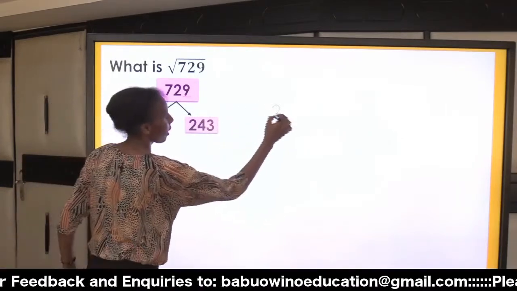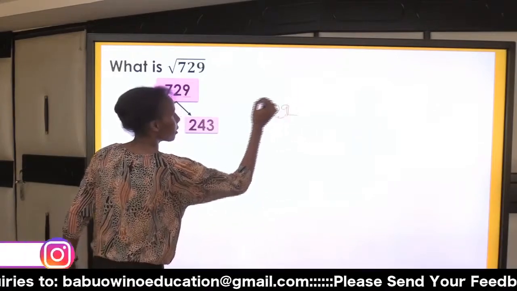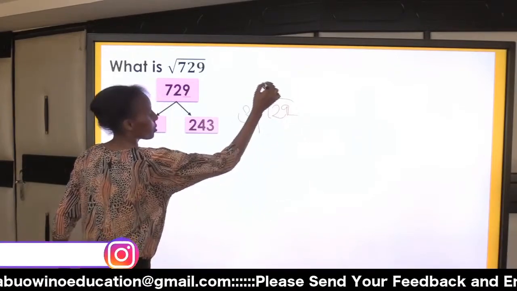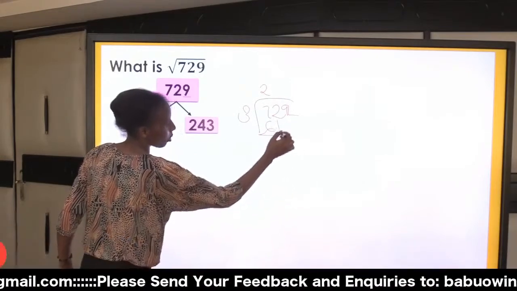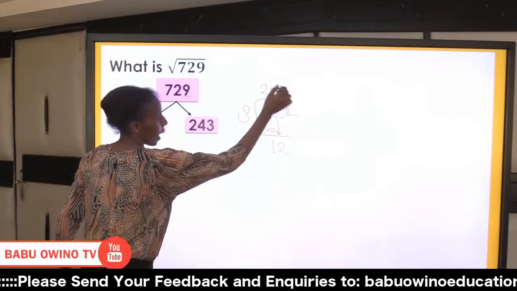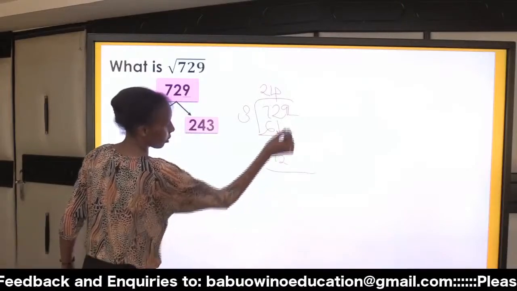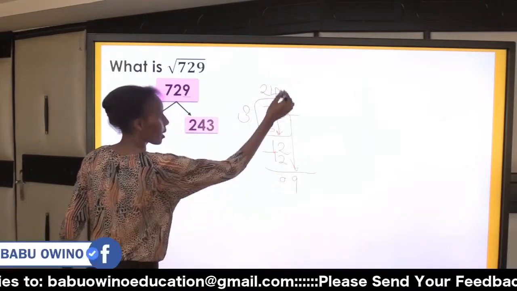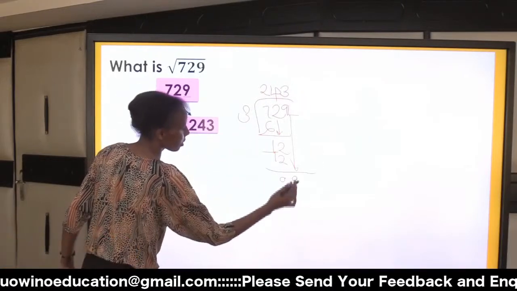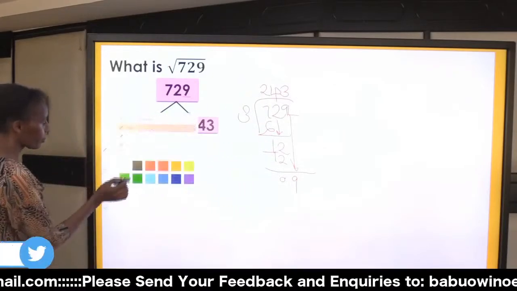We can do it together. 729 divided by 3 goes 2 times because of 6. Then 1, drop 2, 4 times. 6 because of 12, take away, get 0. Then you drop 9. 9 goes here 3 times, so 243.